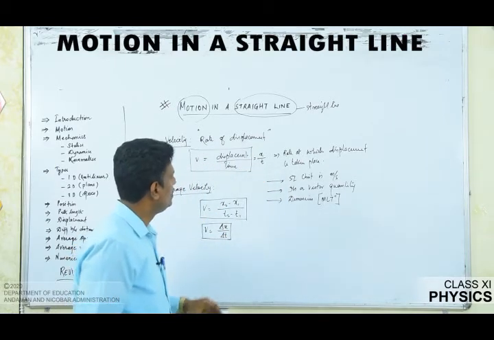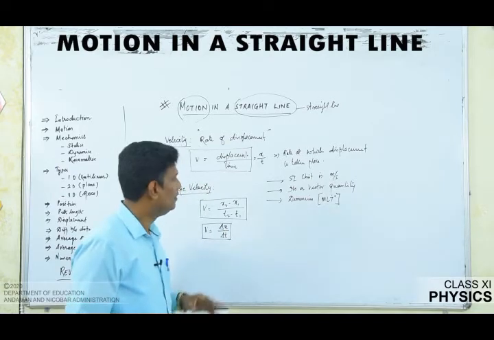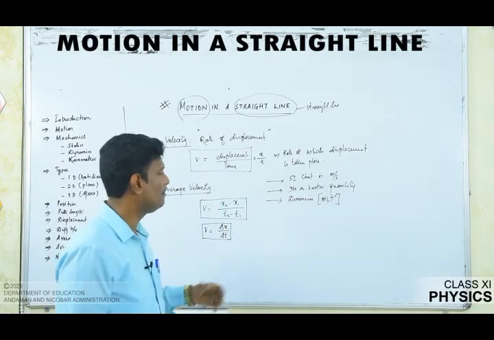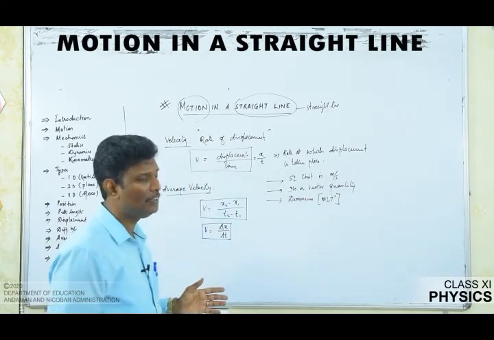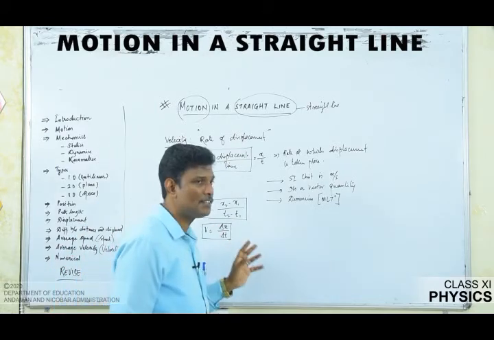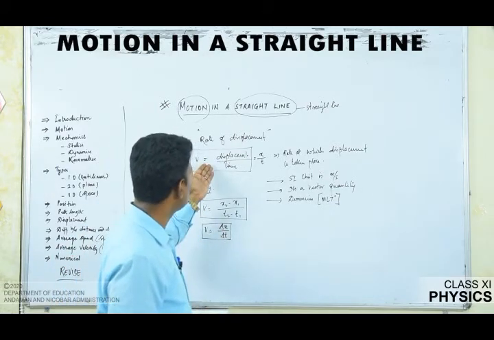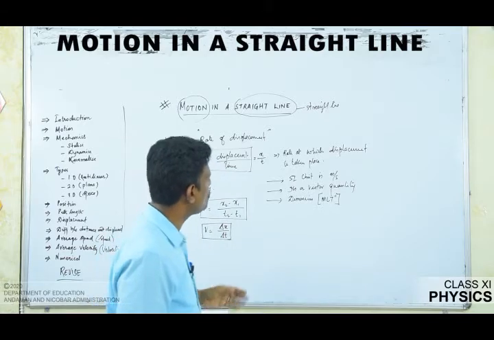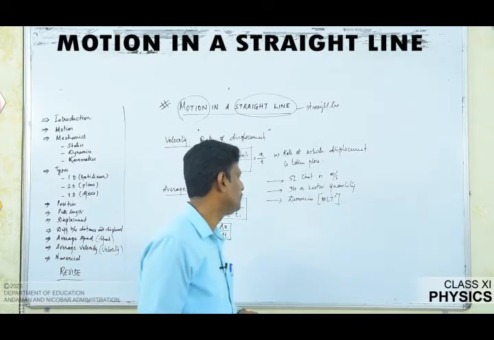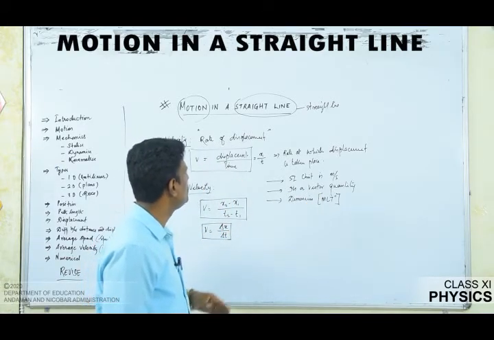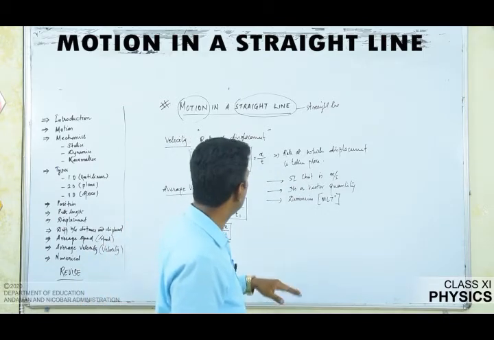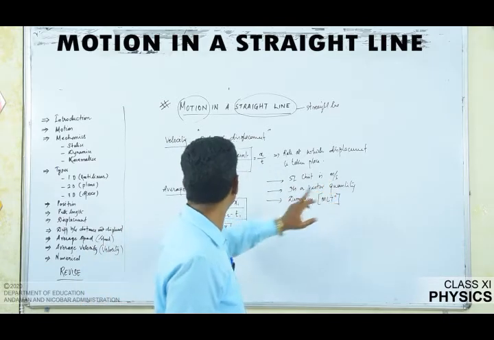taken. Since displacement is a vector quantity, as we have just seen, displacement depends on the magnitude as well as direction, it is a vector quantity. So, obviously, velocity is also a vector quantity. Its SI unit is meter per second, the same as speed.